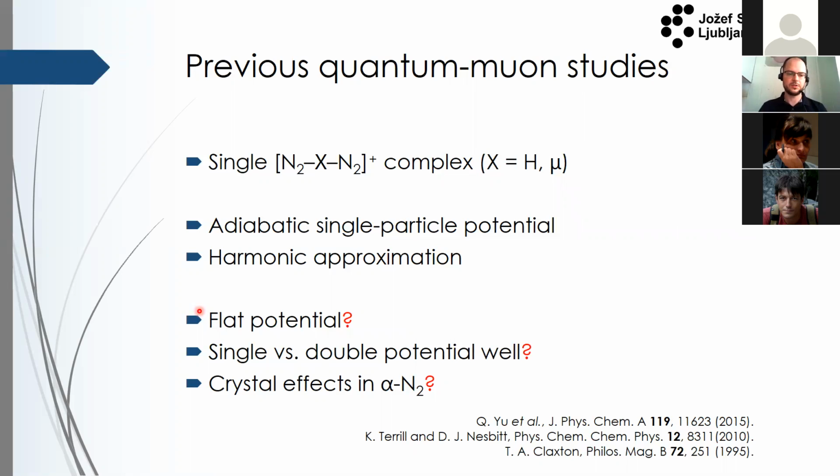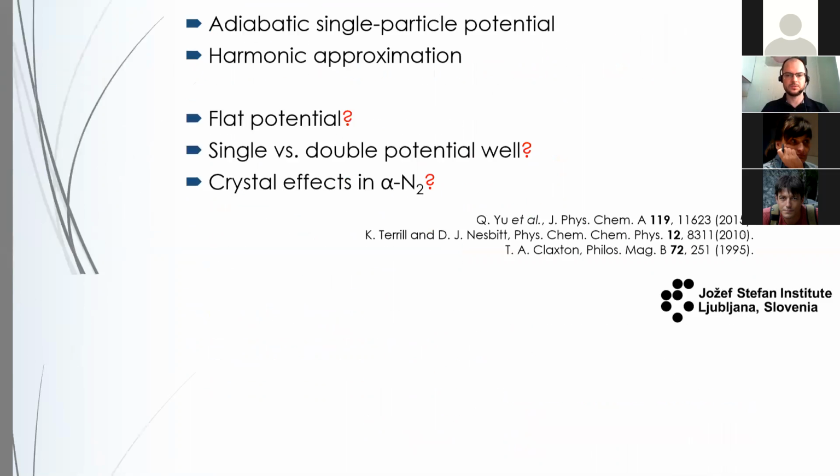So some predicted a very flat potential for the muon that is moving in between the nitrogens. Others found a single, and others, again, a double potential well with tunneling. But none of the studies before introduced crystal effects. So the fact that we have a lot of nitrogens around the complex that reorient together, so move together with the muon. Okay, so this is where we started.